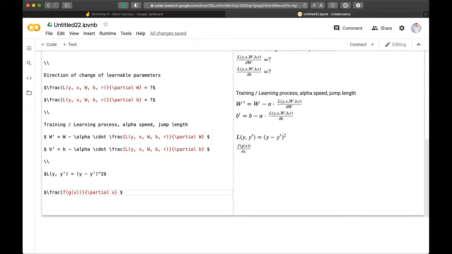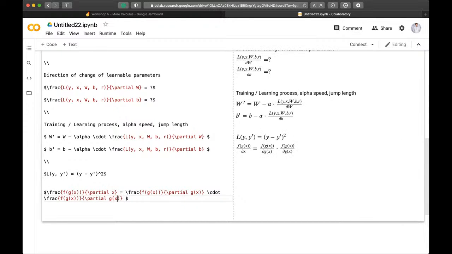With regards to x, that would be the fraction again. Then I will copy that formula into that slide and remove it here. It's just to make it clearer. So here, then the partial of g(x), and this is multiplied, so let's say times the derivative of x with regards to x, like this.